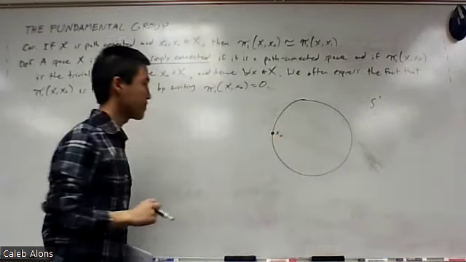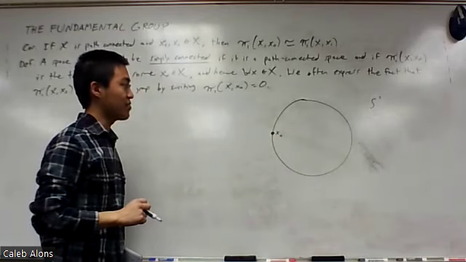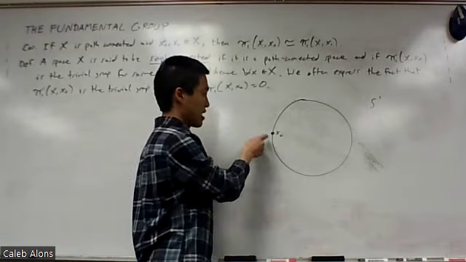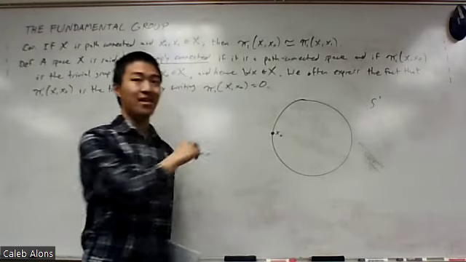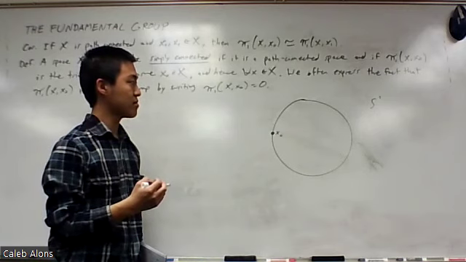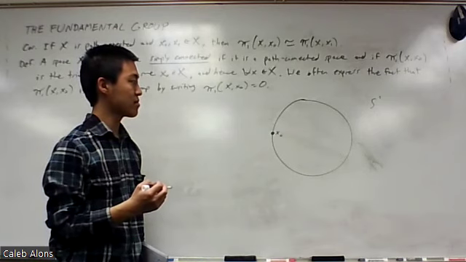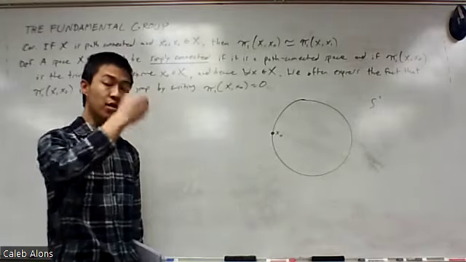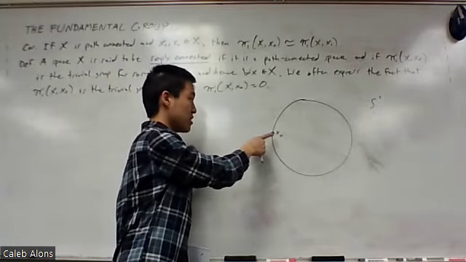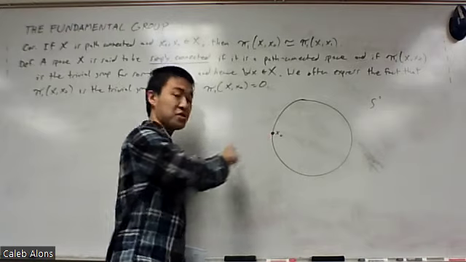So what different kinds of loops can we make here? And a loop, of course, has got to start at x0 and then end at x0. Loops are allowed to cross over themselves. So the only restriction is that it has to begin and end here, which is pretty loose.